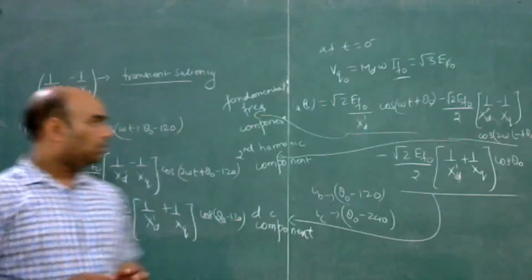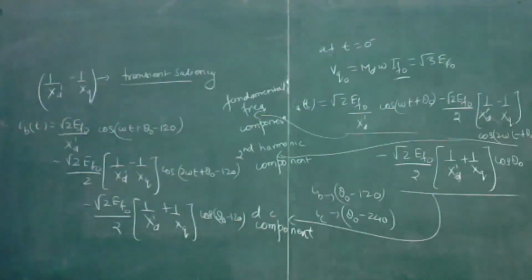Okay, so we can draw the variation of iA, iB, and iC after application of sudden three-phase short circuit.